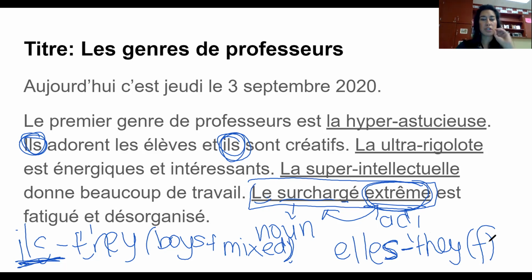So if I was talking about just a group of female teachers, then I would use "elles". Or a female group, like a sports team, for example, I would use "elles". We do not have that in English. We only say "they", whether it's masculine or feminine, it's generic. But the French have "ils" for a mixed group or boys only, and "elles" only if you're talking about females.